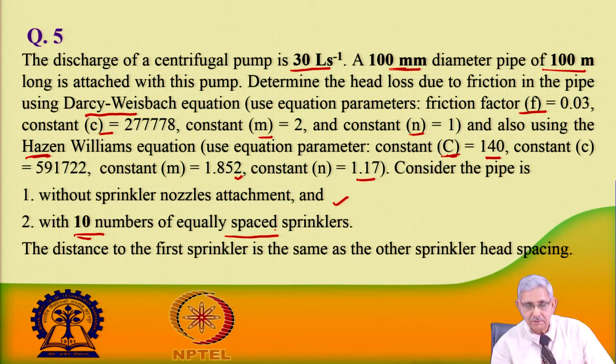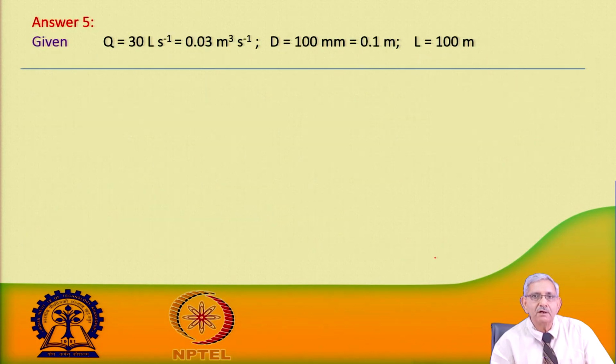So, there are 10 sprinklers, means 10 outlets are provided. The other part given is that the distance to the first sprinkler is the same as the other sprinkler heads spacing, means all the sprinklers are at equal spacing. Okay. So, this is the question which is given, and then let us try to solve this problem.